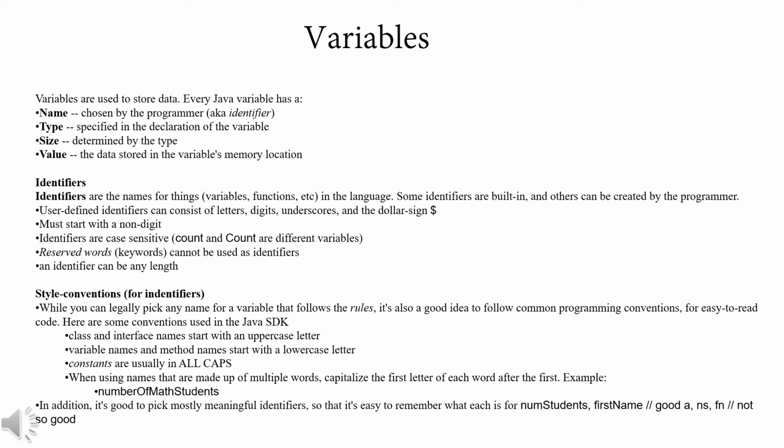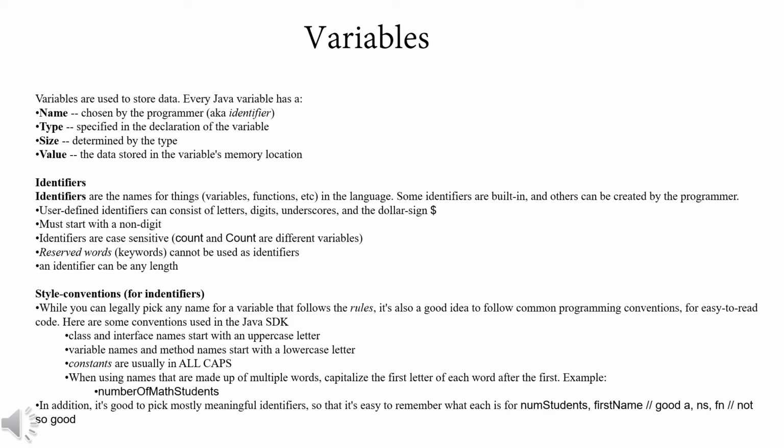And they have some rules when you as a programmer create an identifier. So first is that in Java, the identifiers can consist of letter, digit, underscore, and dollar sign. That's the same as C++, but for C++ we don't have dollar sign. So that's the first rule.